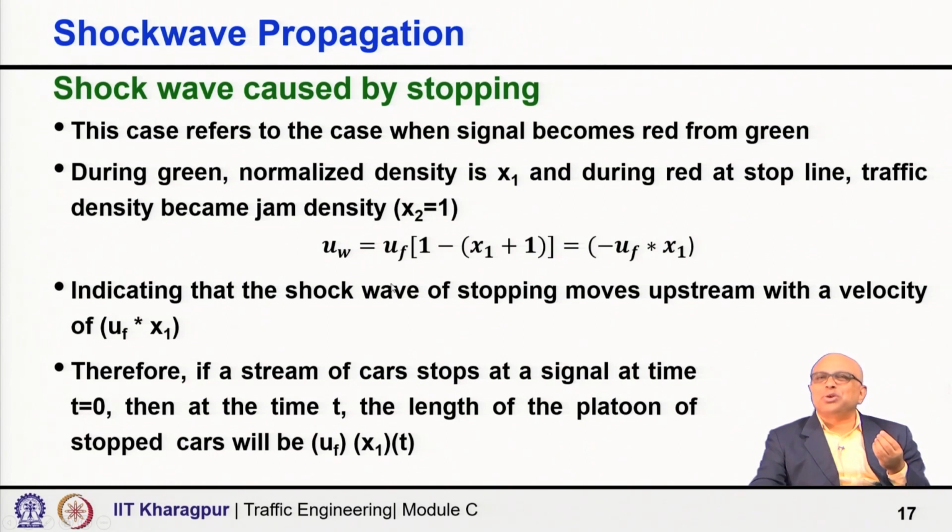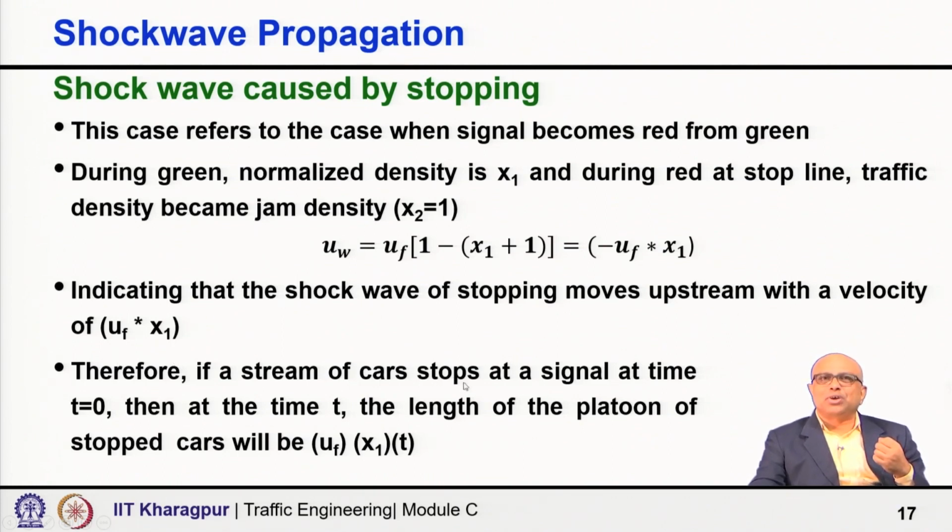In this case, how will the speed look? It will look like Uf into 1 minus (x1 plus 1), so ultimately minus Uf into x1. As in the earlier examples, for the traffic state between A and B, the shock wave is created, and its speed is minus Uf into x1. This indicates that the shock wave of stopping moves upstream with a velocity of Uf into x1.